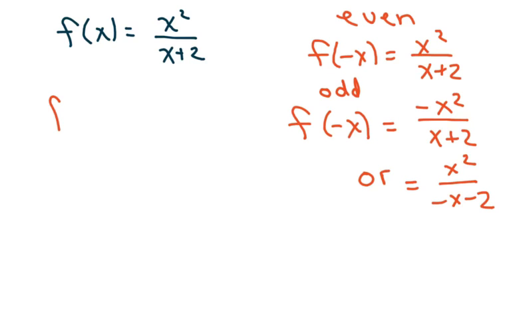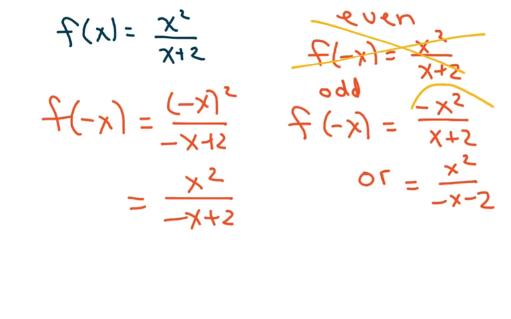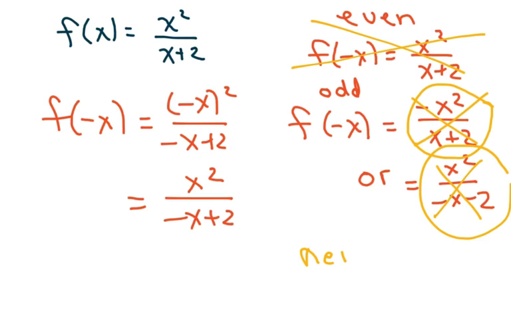So let's do the test and plug in negative x, and we get negative x squared over negative x plus 2. Now, it doesn't look like my even, so it's not even. Does it look like these? No. So this one is neither.